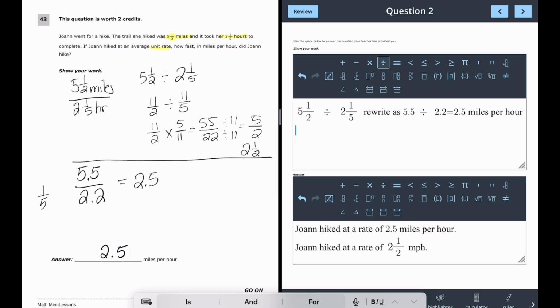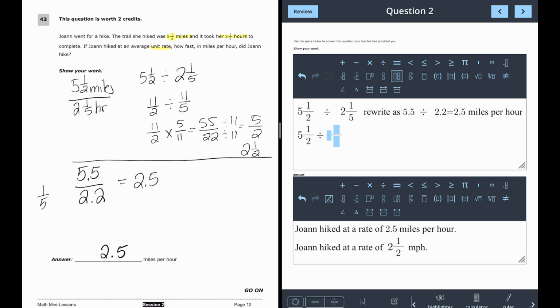Now, if you had it the other way, I'm going to put in fractions. It's a little bit more work. I'm not going to tell you something different. Divided by, here's my little fraction part, 2 and 1/5.